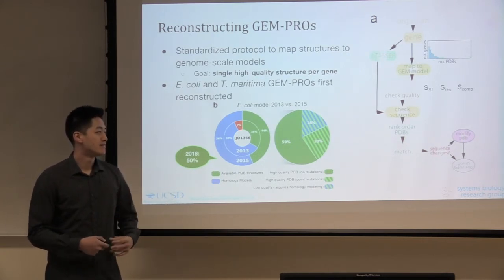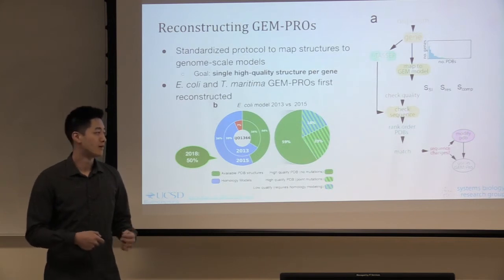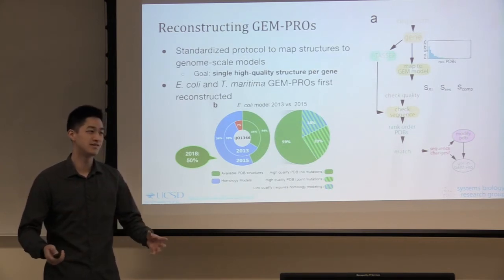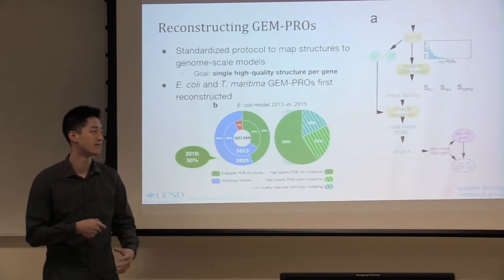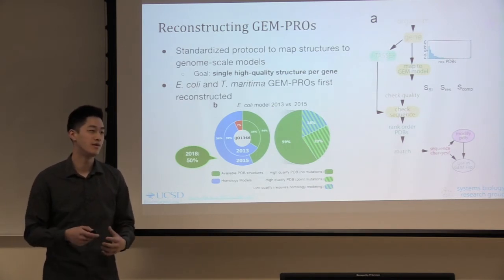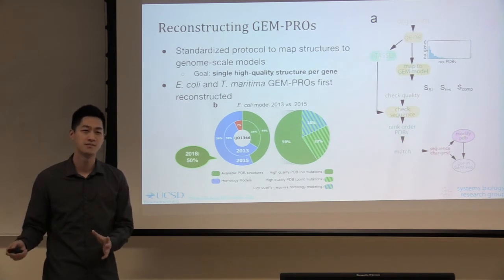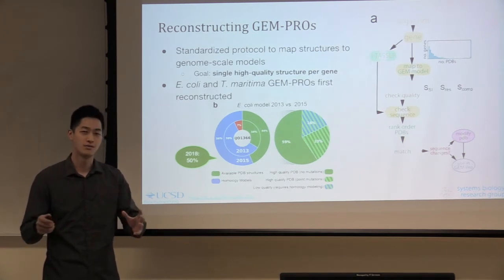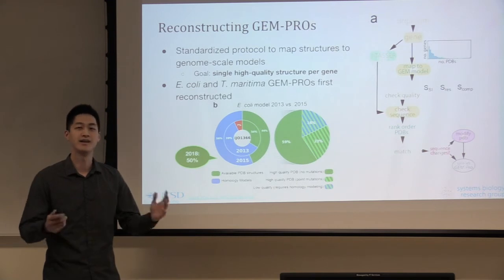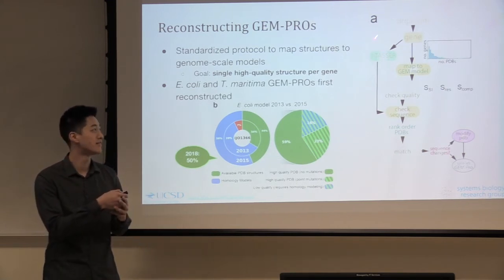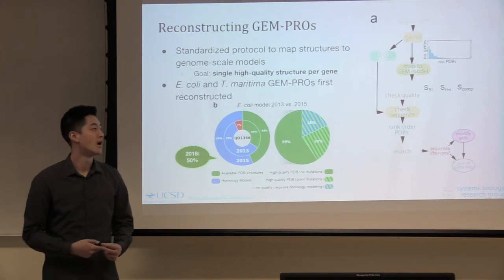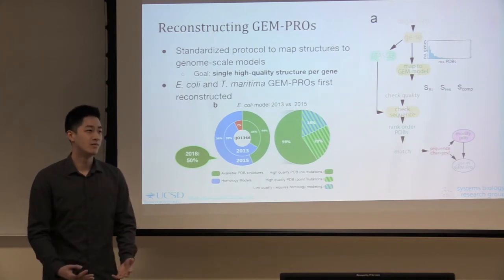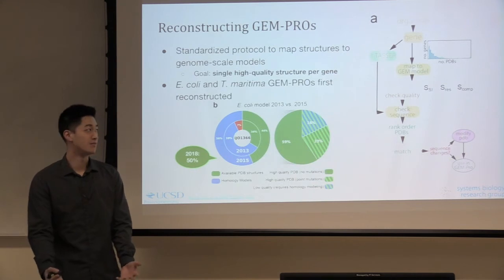Finally, we have a refinement workflow: if a structure doesn't fully match the sequence in our organism, we take it and run it through some really short MD-type simulations to correct it to the wild-type sequence and get our final structure. This was developed in the last three years or so, and it is now available to the public as the GEM-PRO pipeline.